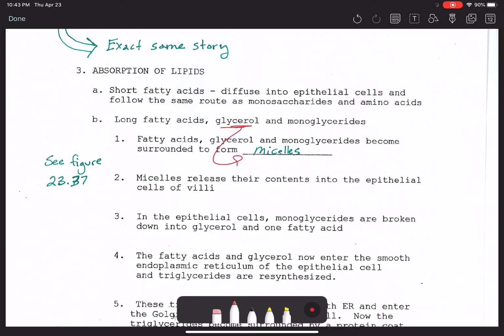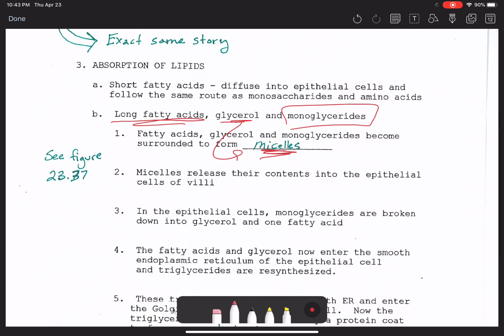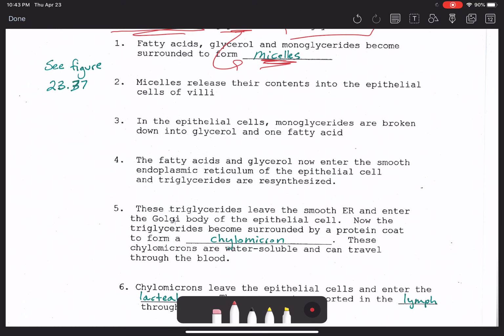But when we're dealing with glycerol and very long fatty acids, or possibly even monoglycerides, which is a glycerol joined to a fatty acid, these molecules get bunched up into these little globs of lipid called micelles. And the micelles actually get absorbed through the apical surface of the columnar epithelial cells as a whole, like a big glob.